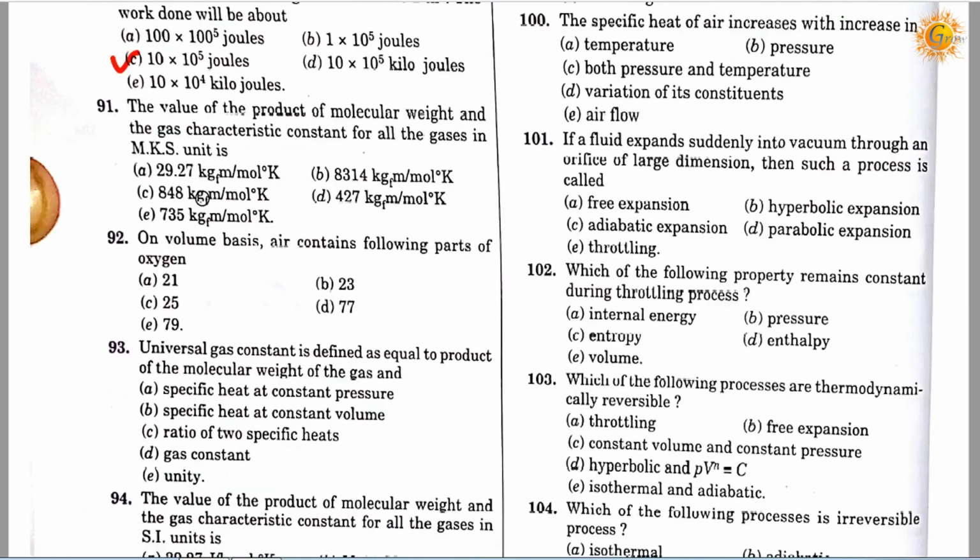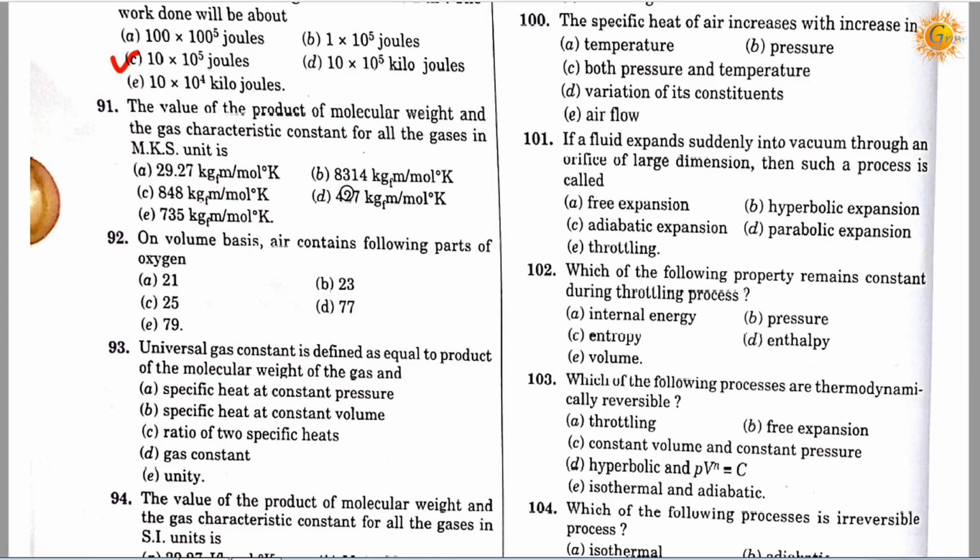Question number 91. The value of the product of molecular weight and the gas characteristic constant for all the gases in MKS unit is option A 29.27 kgfm per mole degree Kelvin.